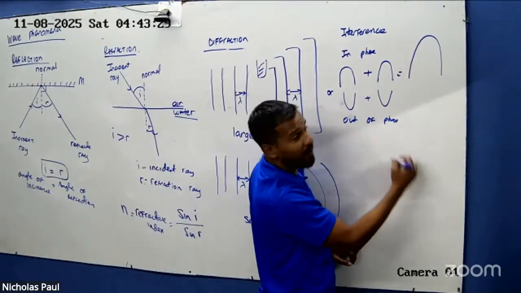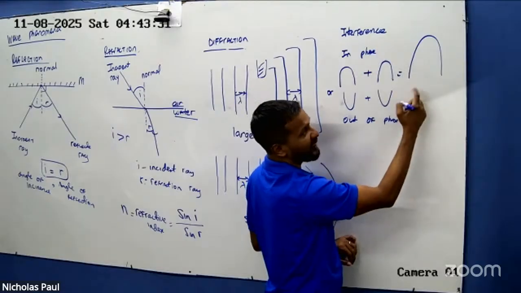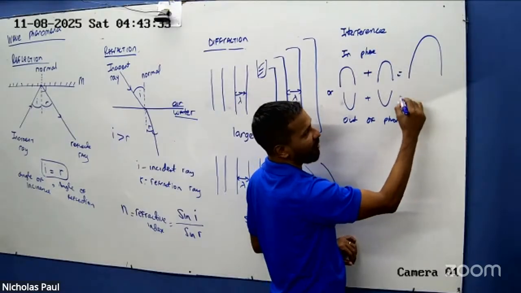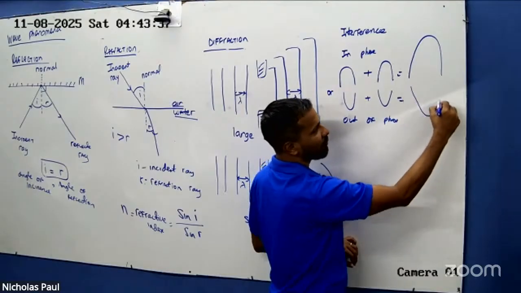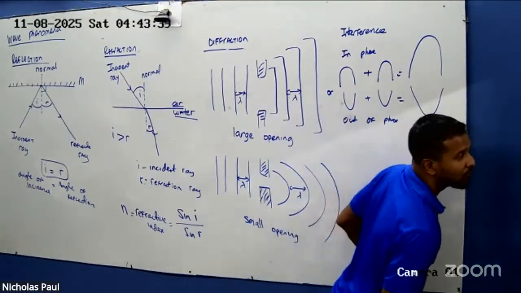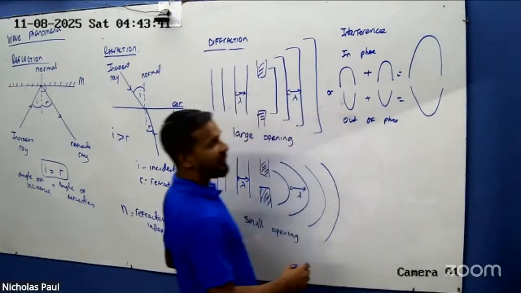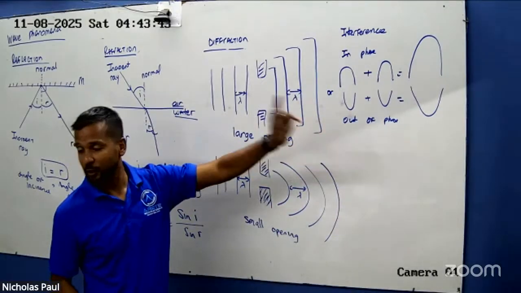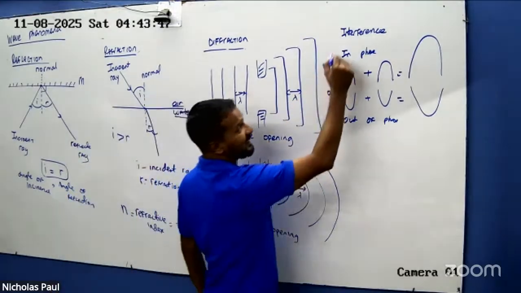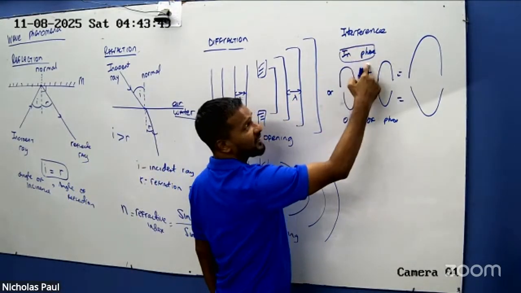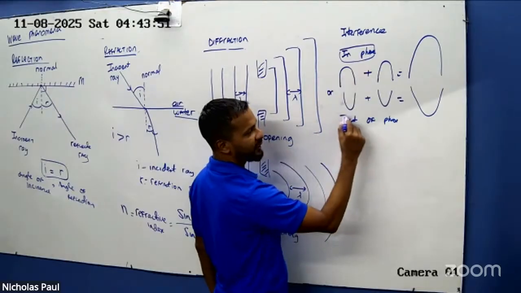That is called interference. This is called constructive interference. When a trough meets a trough, you get something twice as large. Whenever they're in phase, this is called constructive interference.